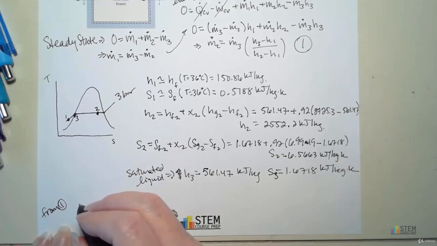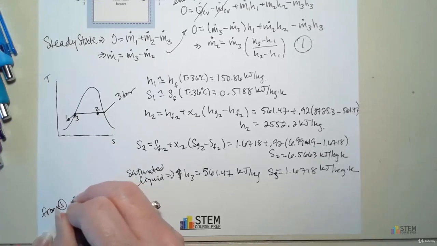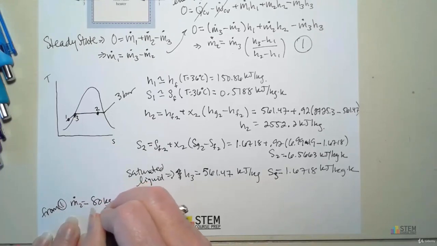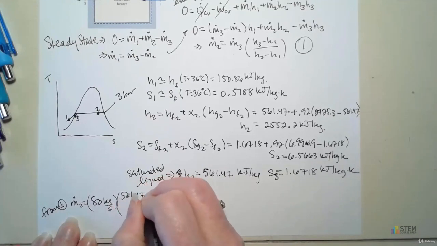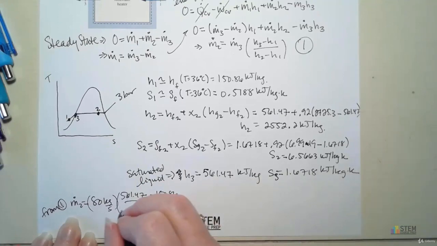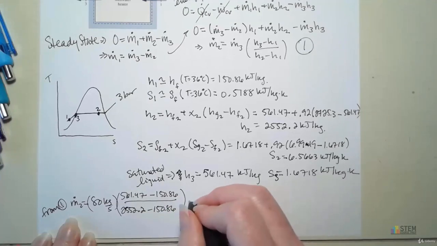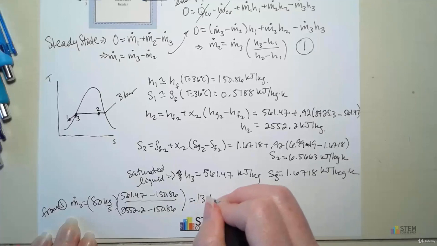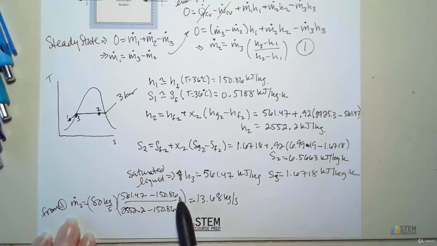So from equation 1, we are going to have m2 dot equal to 80 kilograms per second, multiply that by 561.47 minus the 150.86, put that over 2552.2 minus 150.86. That is going to end up giving you 13.68 kilograms per second. Notice I left these units off. It's because they're going to cancel each other out.